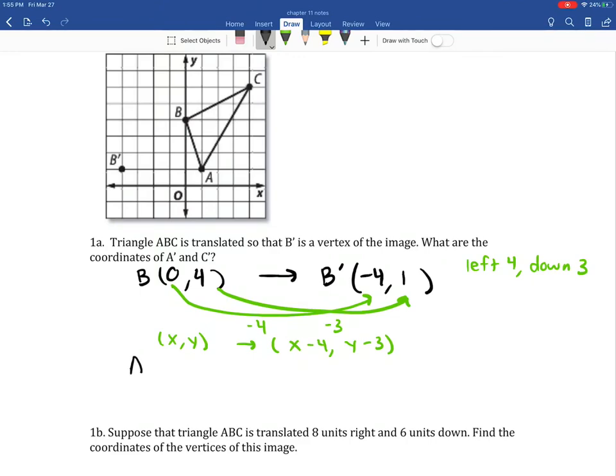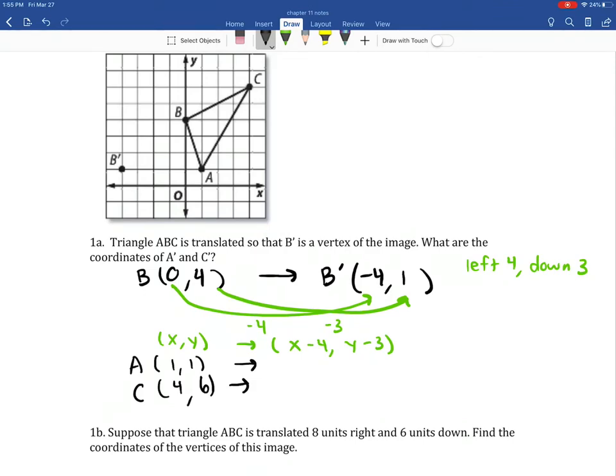So let's write out our new coordinates. A was at 1, 1. B I already had, so I don't have to do B. And C, 4, 6. So I'm going to perform my equation on each of these.